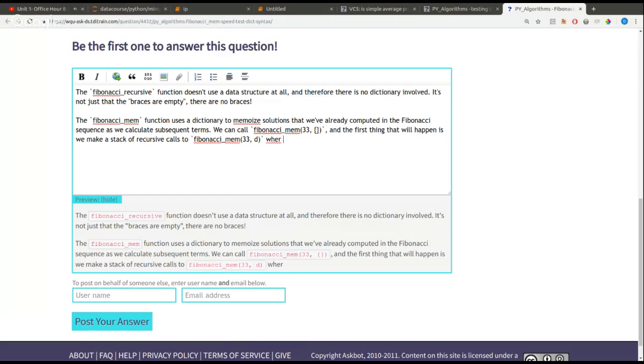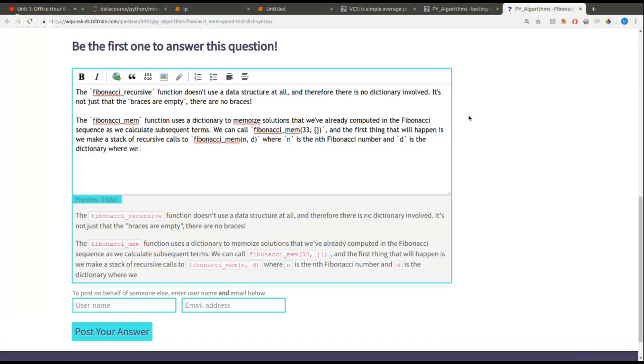The arguments are N and D, where N is the nth Fibonacci number, and D is the dictionary where we are storing calculated results.